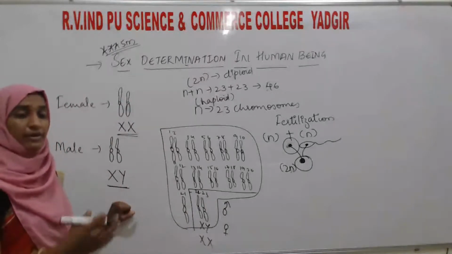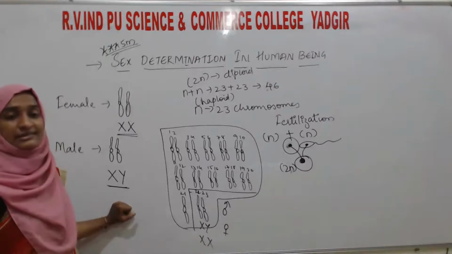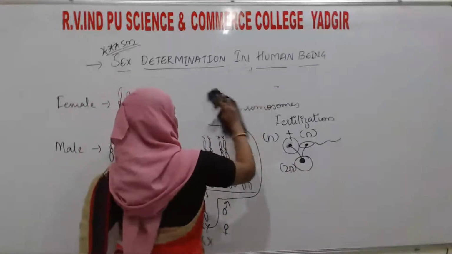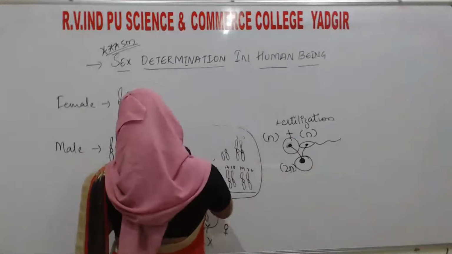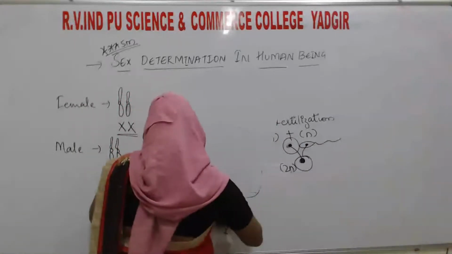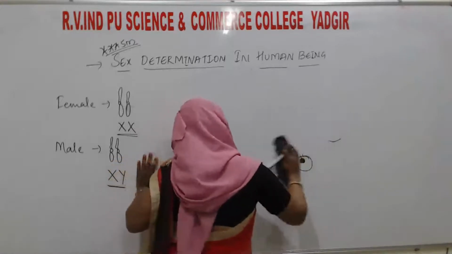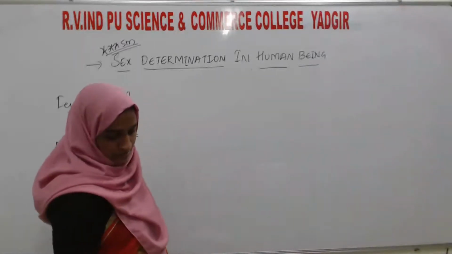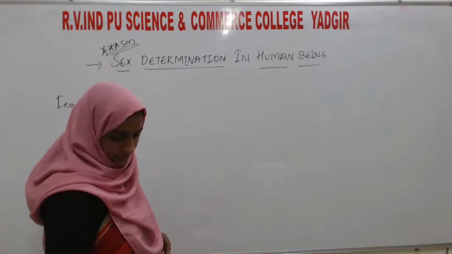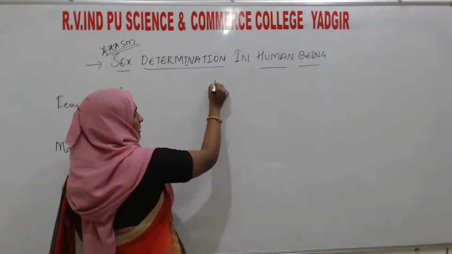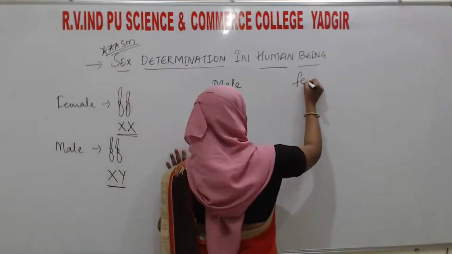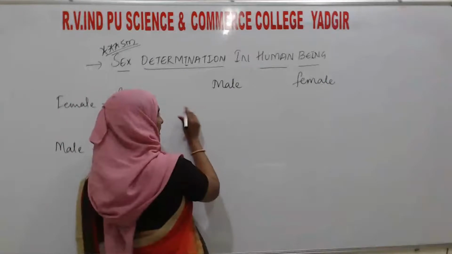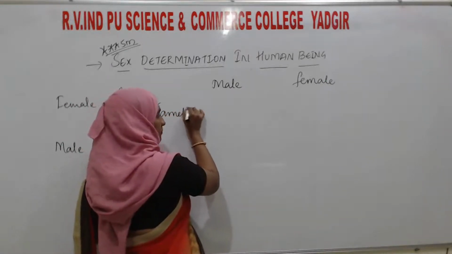And how is the sex of the unborn baby decided? So let's see here. This is the male, and this is the female. What are the gametes in the male? Those are the sperms.